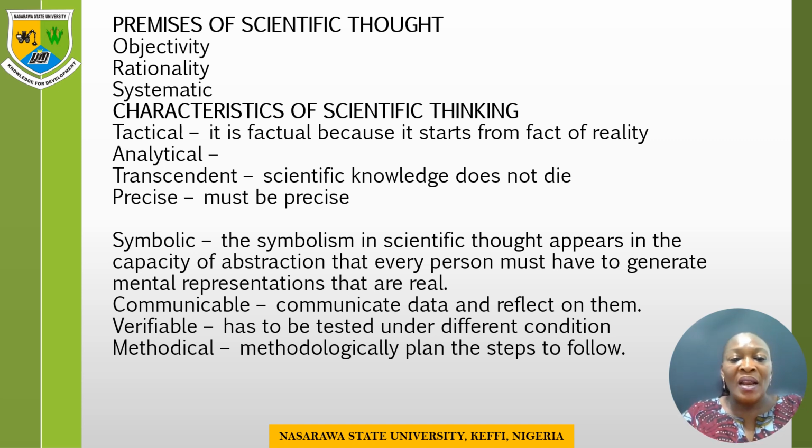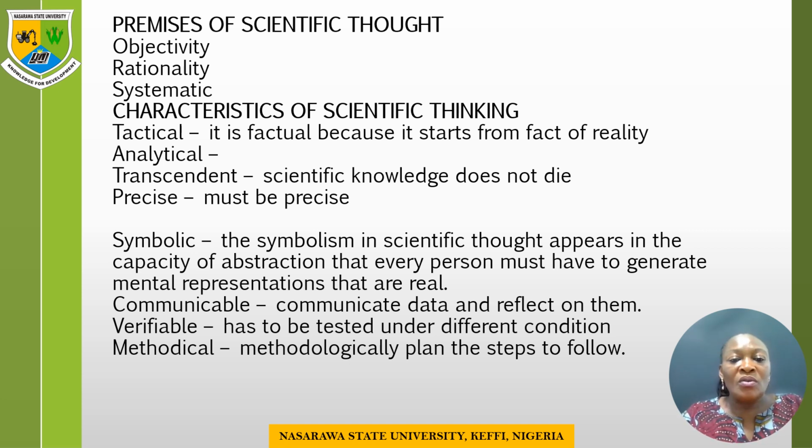It has to be analytical, it has to be precise. Precise in the sense that you don't have to be biased and you don't have to add anything to the information. The information you get is the information you are given as it is.